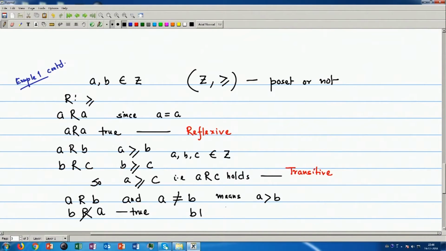If A is greater than B, then B cannot be greater than A. So this relation is antisymmetric.